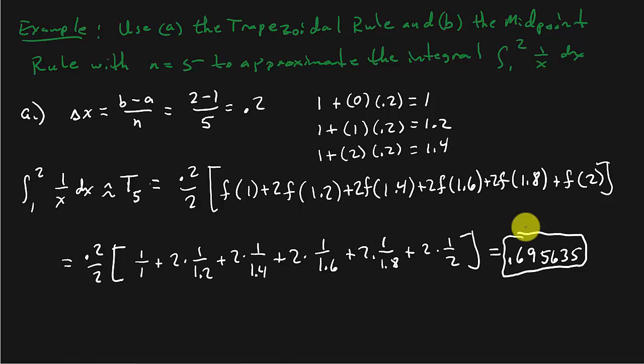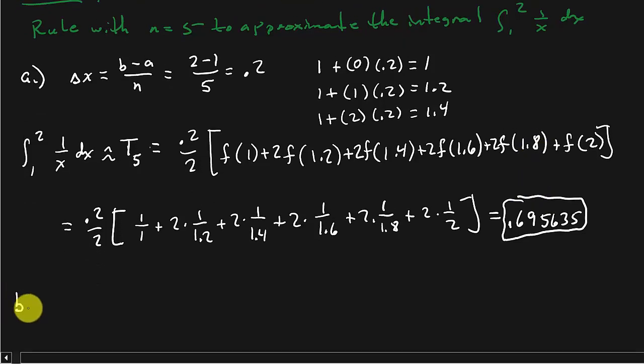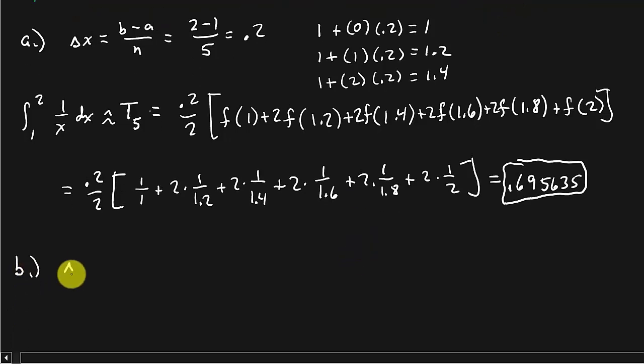All right, so that's the trapezoidal rule. Now let's use the midpoint rule. For part B, once again, delta x is going to be 0.2. We got that from up here. Delta x is going to be the same.